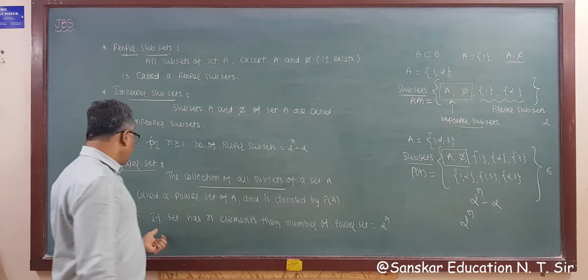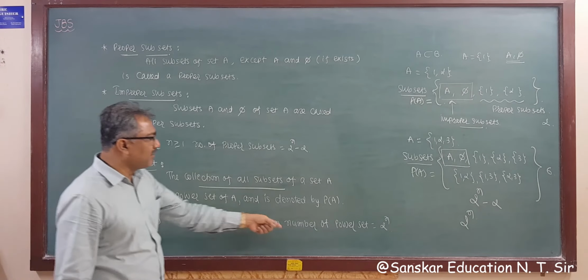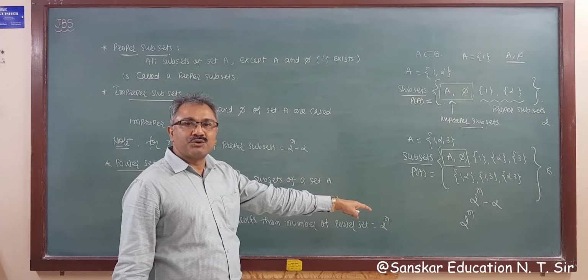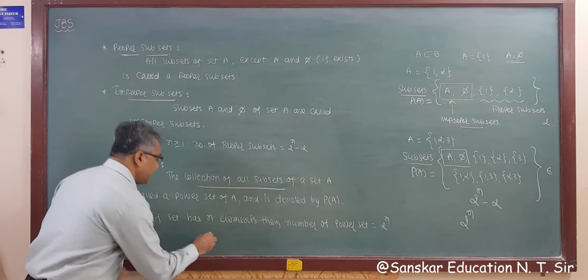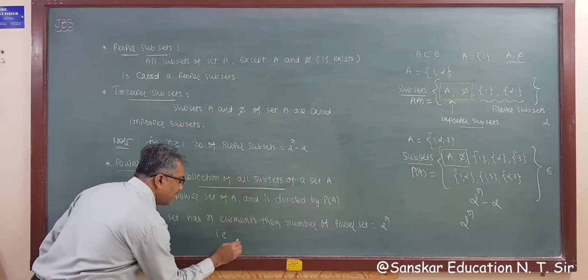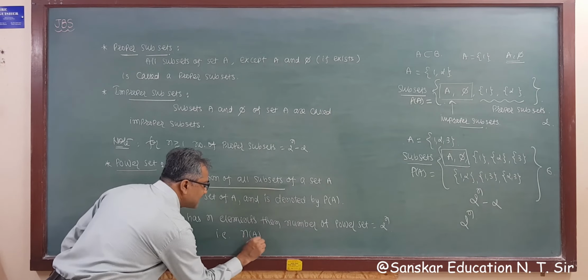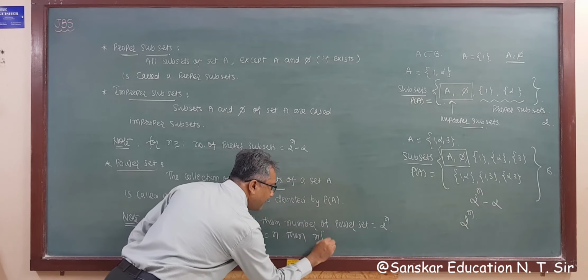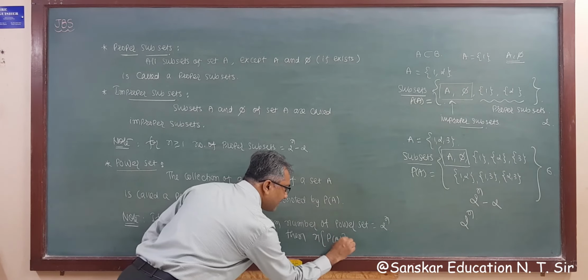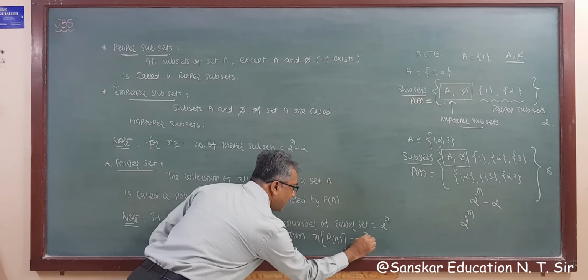So if a set has n elements, then the number of elements in the power set is equal to 2 raised to n. If you want to write it in mathematical form, if n(A) is equal to n, then n(P(A)) is equal to 2 raised to n.